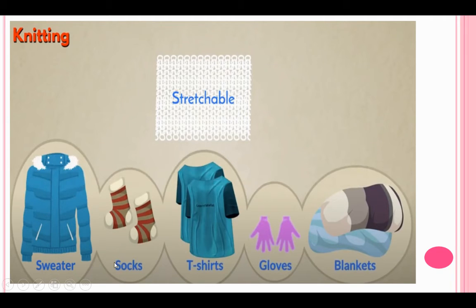Sweaters, socks, t-shirts, gloves, blankets and many more. Many fabrics like these are made with the knitting process as well as the weaving process. Knitted fabrics are stretchable.